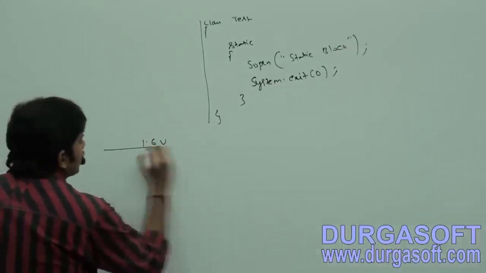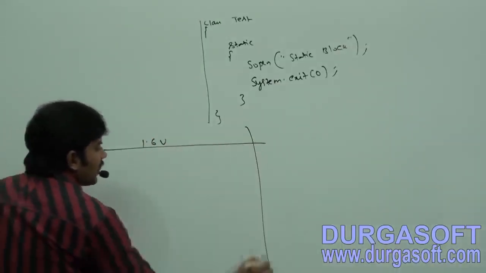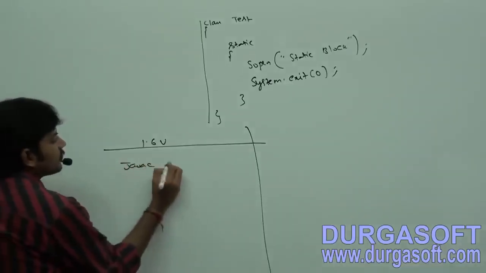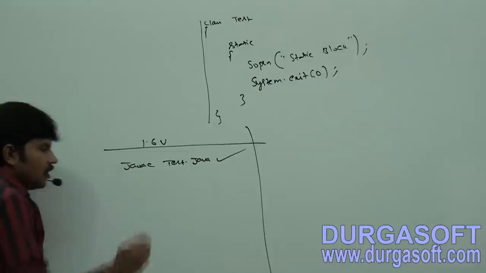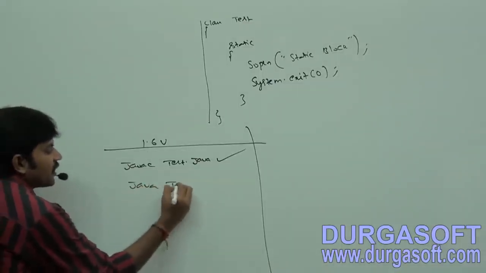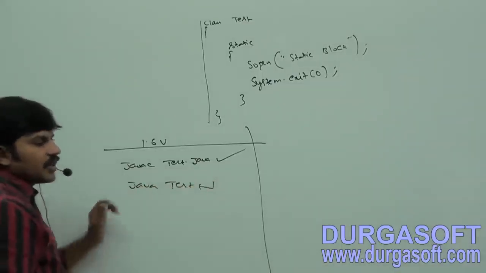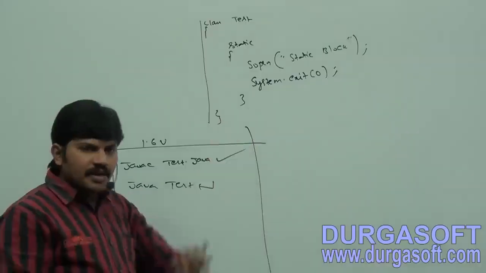Now listen. In the 1.6 version, javac Test.java compiles, and if I run java Test, it executes the static block and then the main method.